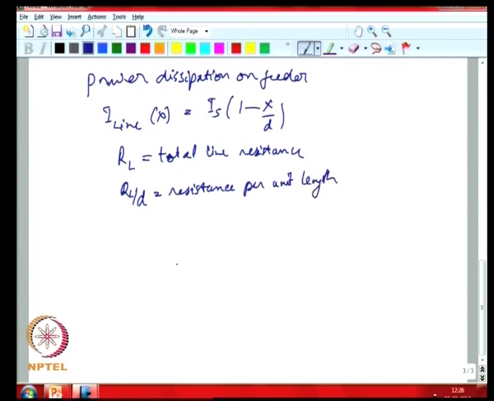You can calculate the power dissipation over a section of delta x at x.